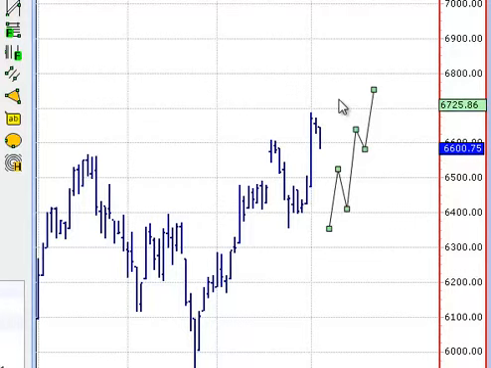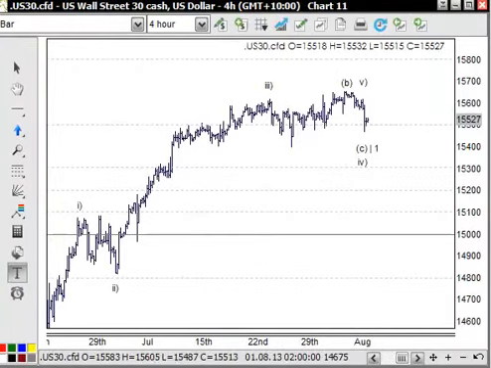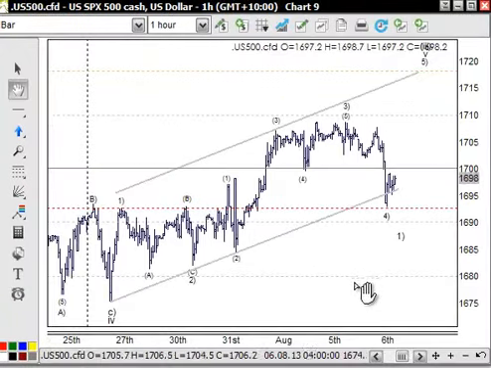So we've got the Dow Transports, and we've got the comp, which still look like they've got the 4th wave here in place. So we need to bear that in mind when we're looking at the S&P 500.